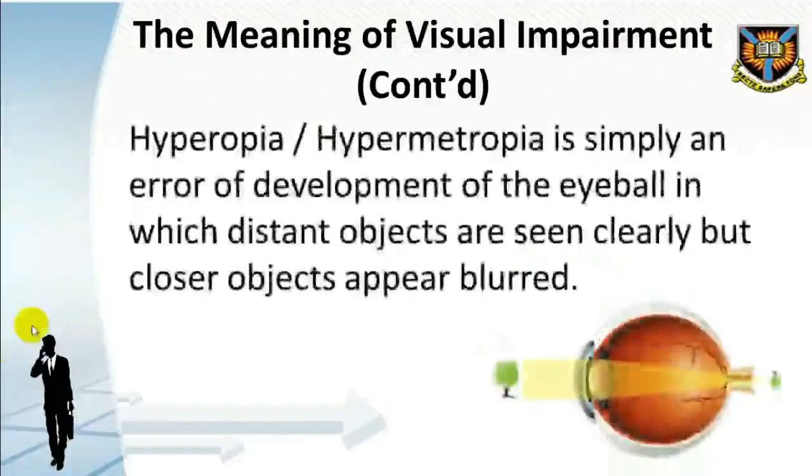Hyperopia or hypermetropia is simply an error of development of the eyeball in which distant objects are seen clearly but closer objects appear blurred.